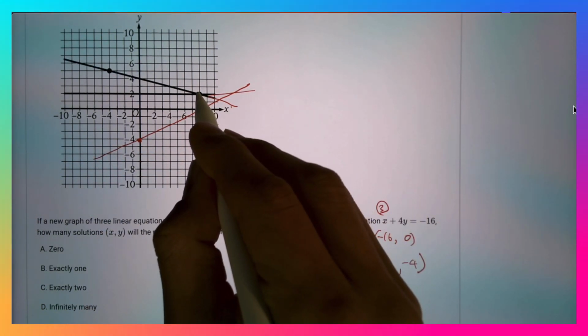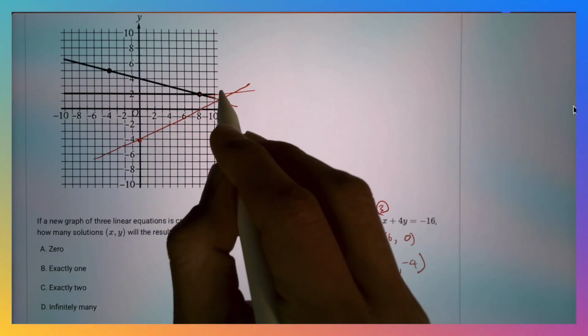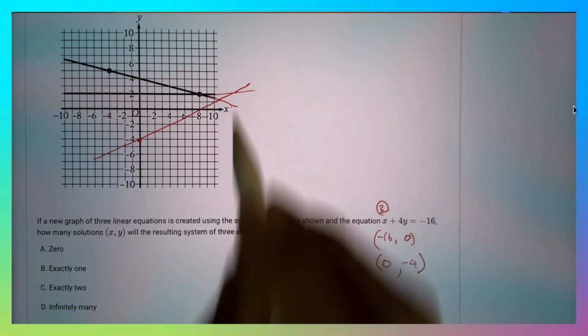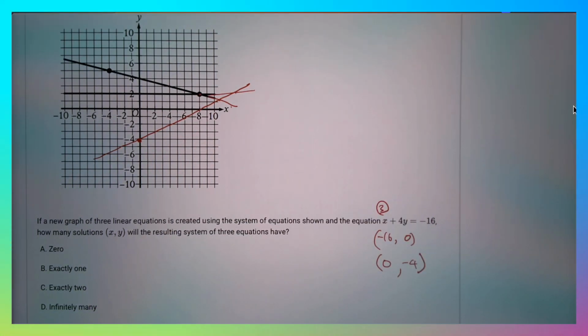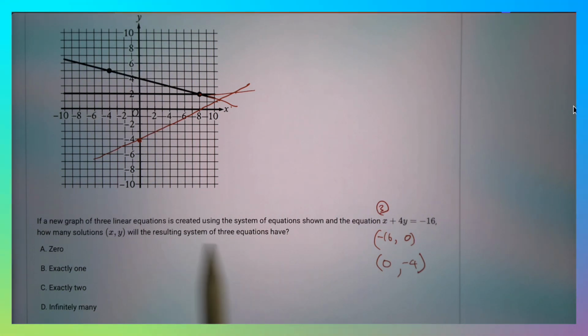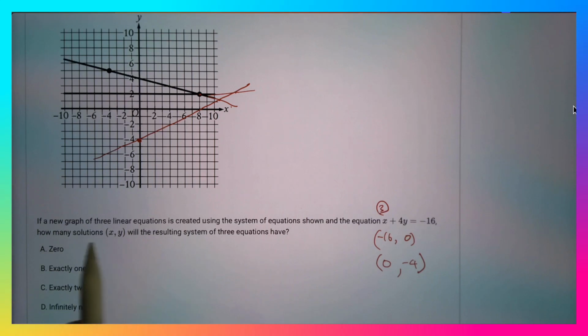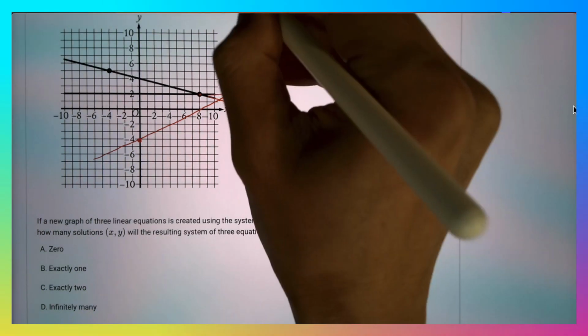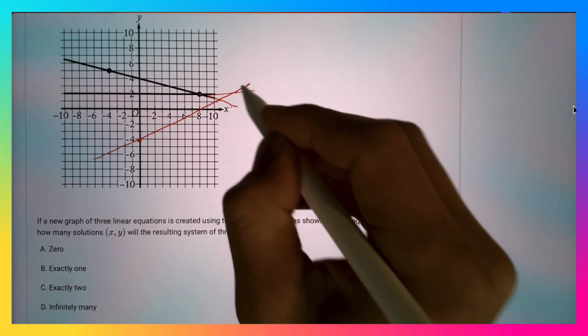You might have points where two lines cross, but none of these points will satisfy all three equations. All three lines have to cross at one point. If not, then that's not going to be the solution.